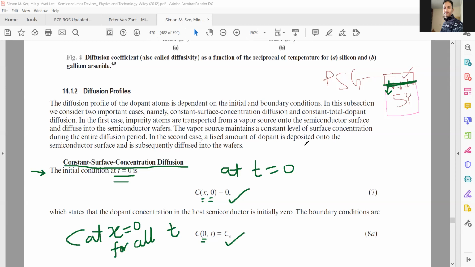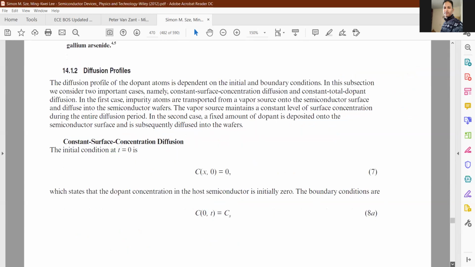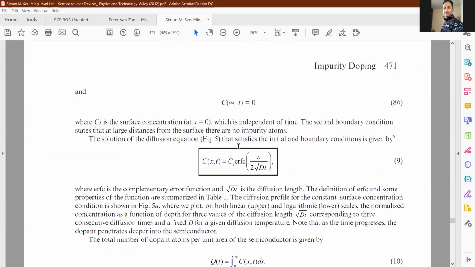When we apply these two boundary conditions to our second law, Fick's diffusion law, and solve it, we get a complementary error function.